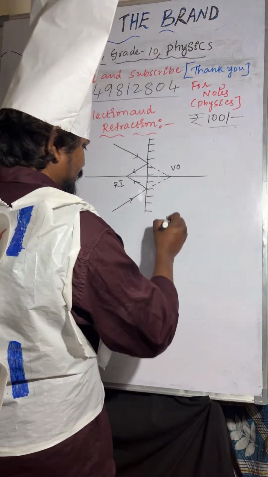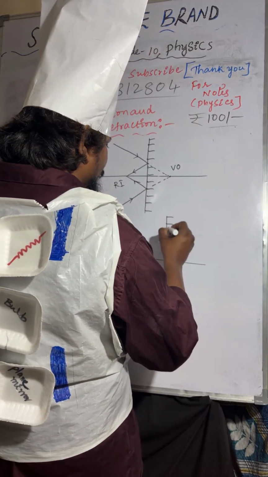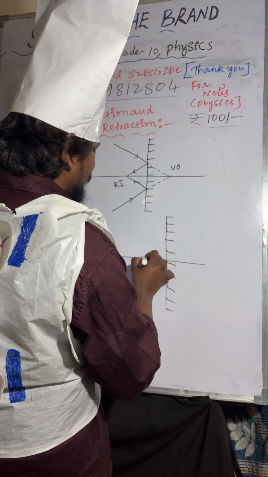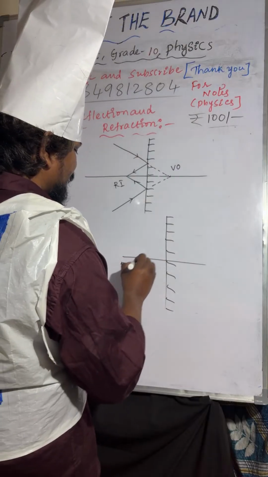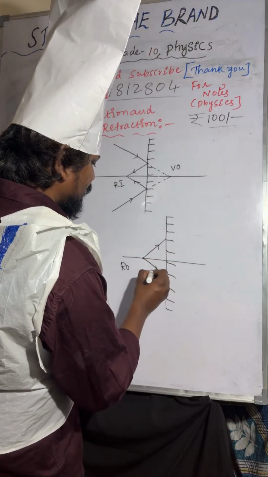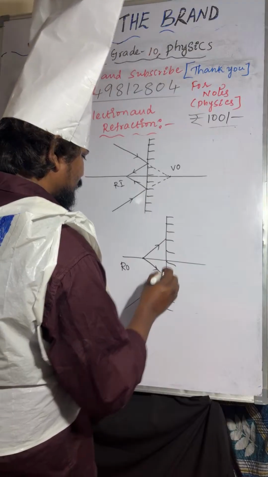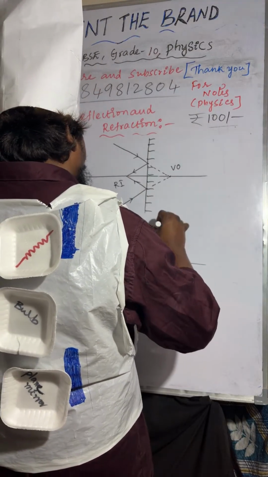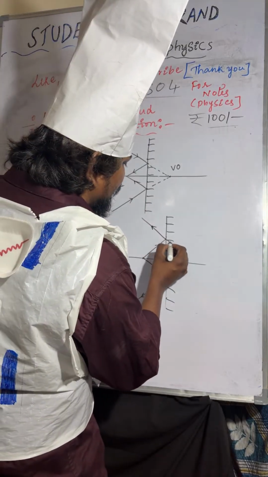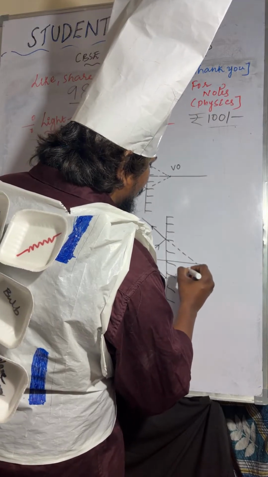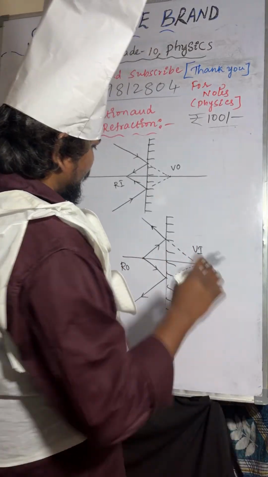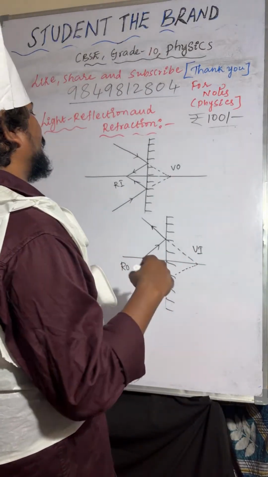And one more thing I am taking here, you can see. Light rays are coming from here. This is the real object. From here I am taking like this, and reflected light rays, and here also. So we are extending the reflected light rays. Extended reflected light rays are meeting here. This is the virtual image. Real object and virtual image.